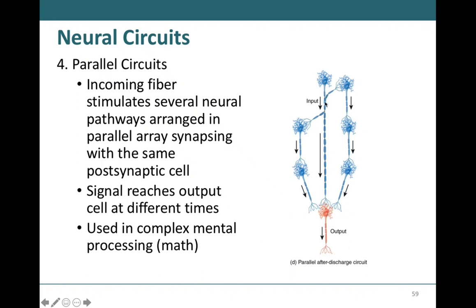But we can also take that signal in a different direction towards the right and left, and we can have different circuits, but they'll all eventually end up in the same place. So because there's different numbers of neurons and different amounts of myelination in each of these different pathways, the signals are eventually going to reach the postsynaptic cell at different times. So parallel circuits will often be used for activities such as mathematics.